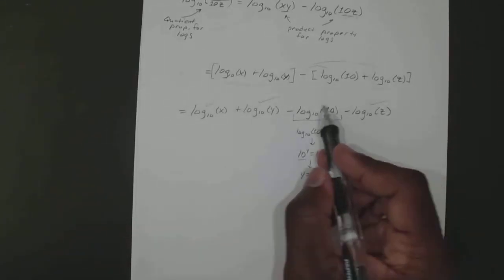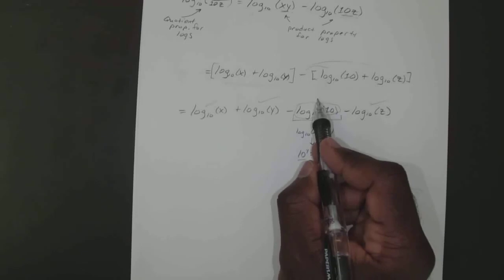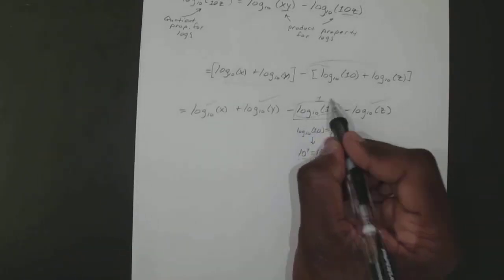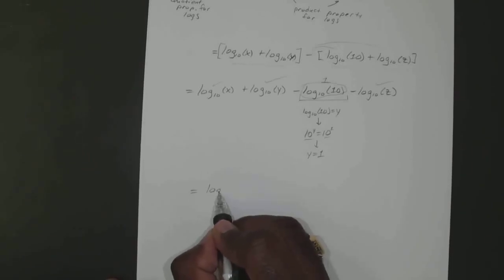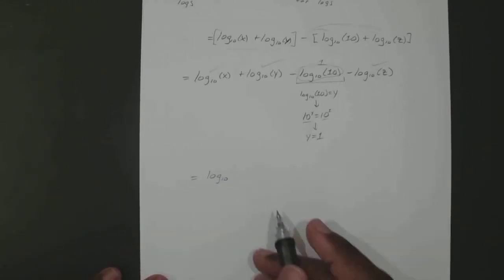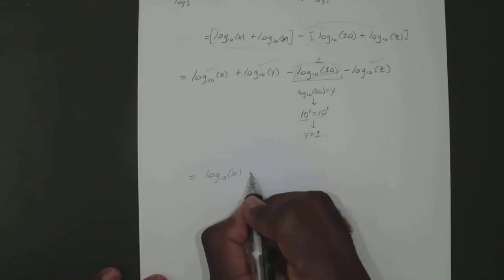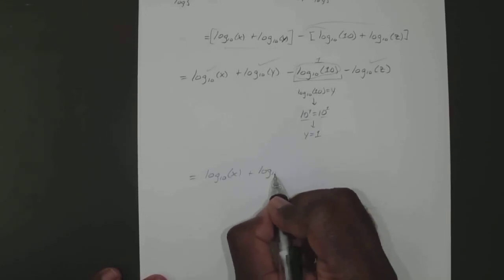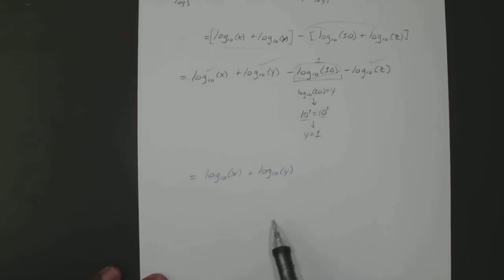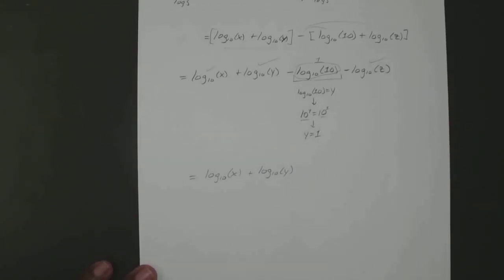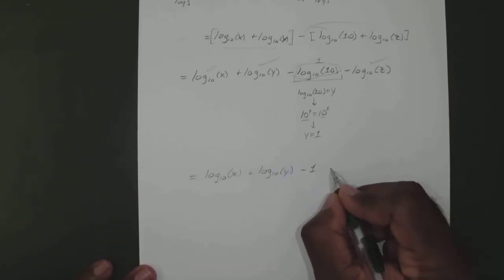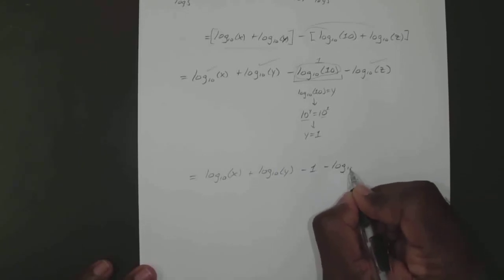So this term here becomes 1. That gives us log base 10 of x plus log base 10 of y minus 1 minus log base 10 of z. You can put minus log of z minus 1, or you can leave it the way it is.